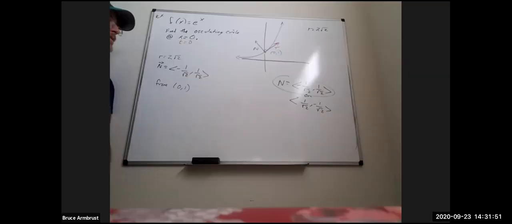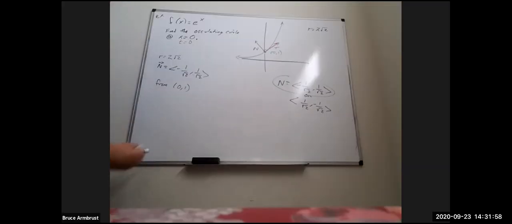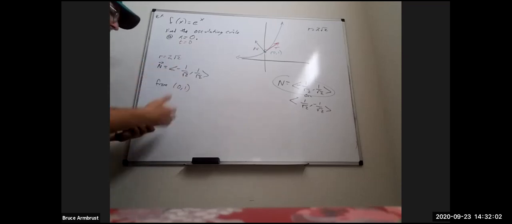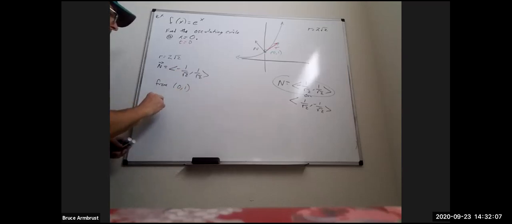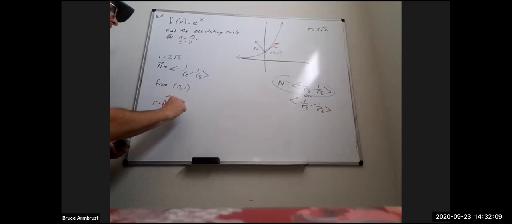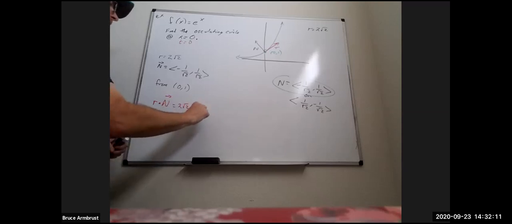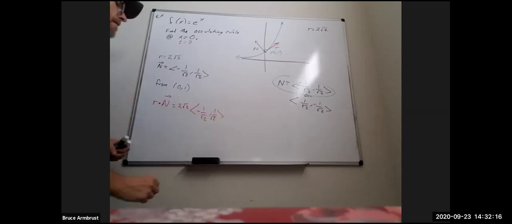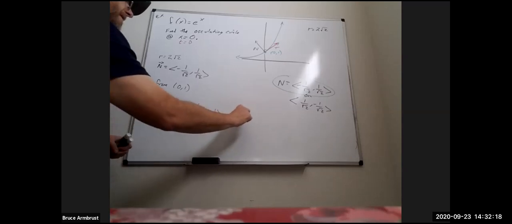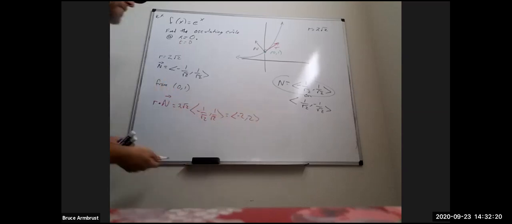Scalar multiplier. Okay, so you multiply by a scalar. Specifically, you multiply by the length that you want. So if we want to go in the direction n, but we want to go this distance, we're going to multiply those together. So let's take r times n. We're going to take 2 root 2 times minus 1 over root 2 comma 1 over root 2, which gives us negative 2, 2.